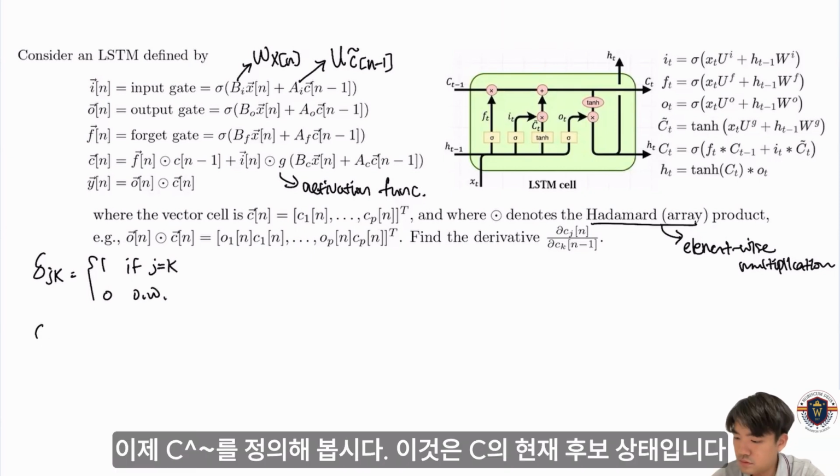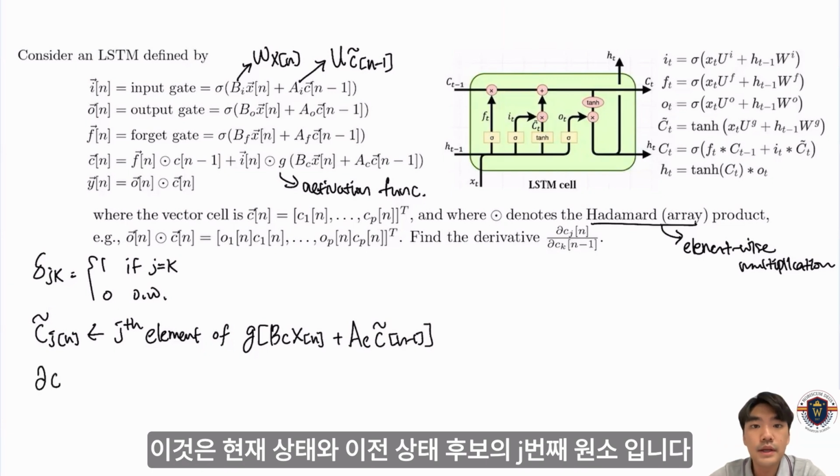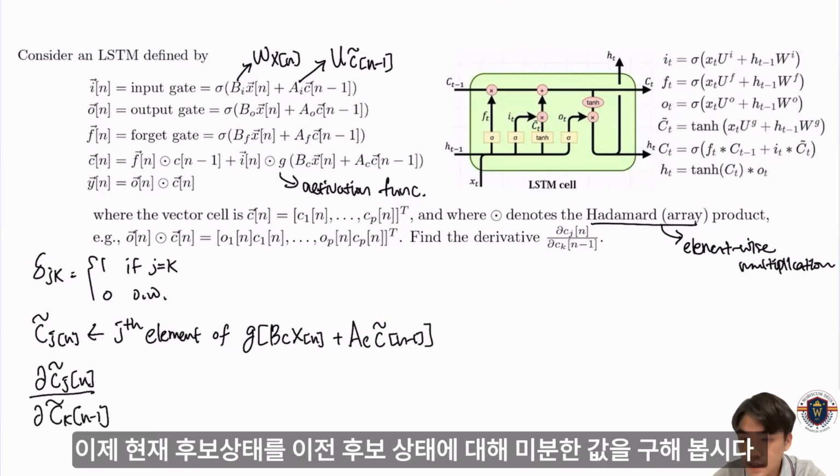Now let's define C tilde J n, which is the jth element of G of B C, the current state Xn, the input state, plus A C C tilde n minus 1. This is the previous state. So now we can express the partial derivative of C tilde Jn with respect to the previous state Ck, n minus 1.